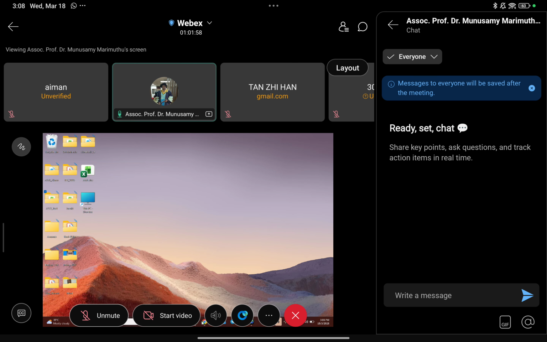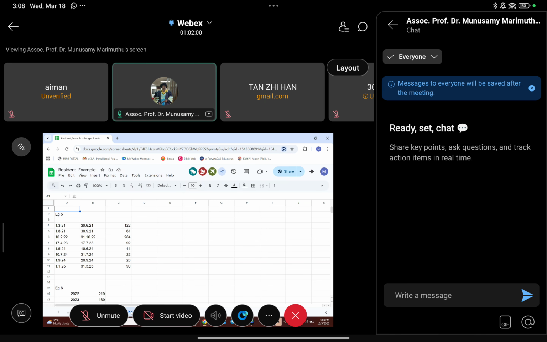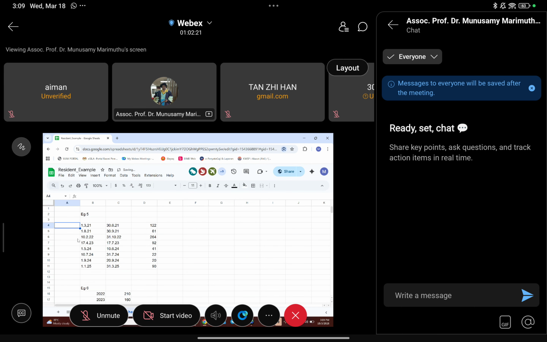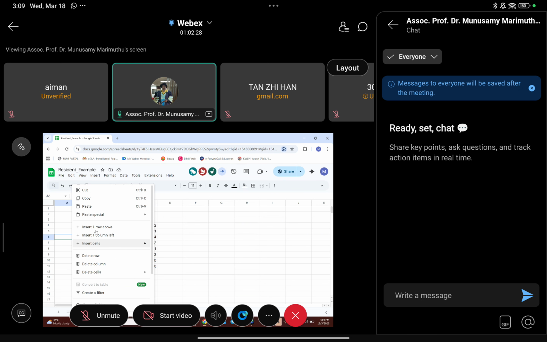So I go to this first. Look at the number of days here. I'll split this first. Insert row, column left. Then I have here, insert one row above.